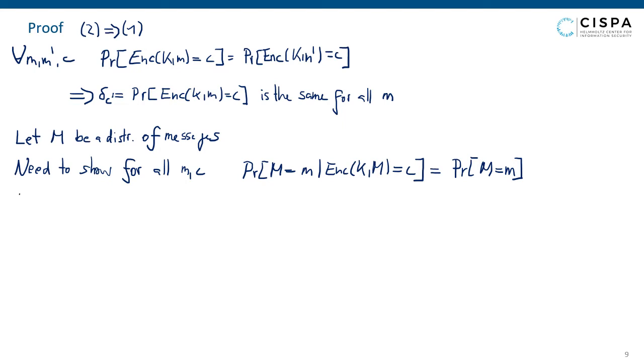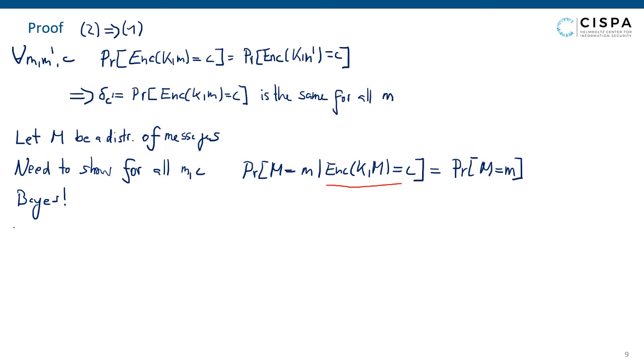Okay, so how do we do this? The answer is, of course, Bayes. This conditional probability here is somewhat unhandy because this encryption here, the ciphertext, depends on M, but in turn the dependence of M on the ciphertext is unclear. So to compute this, let's turn this around via Bayes rule.